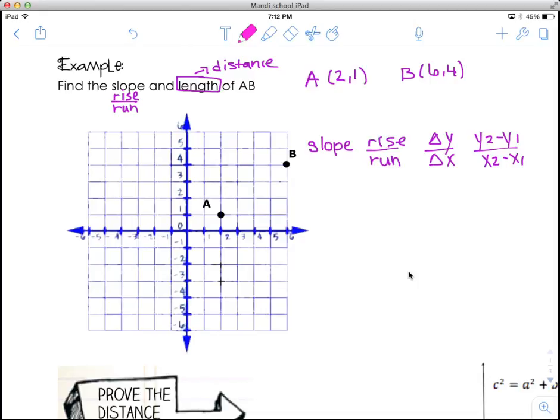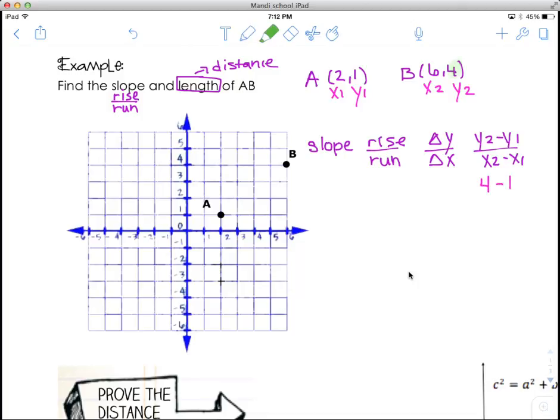And change in y over change in x, we could count that. I'm going to show you in just a second, but I want to do the formula first. So this is your first x and your first y and your second x and your second y. So y2 minus y1.